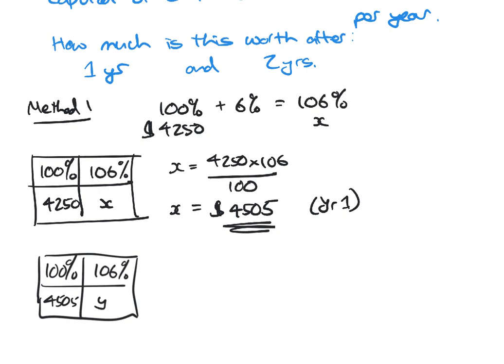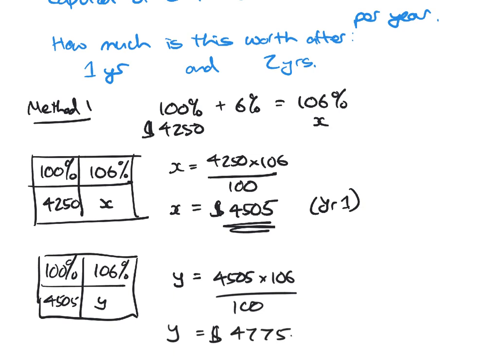I'll call this Y. So Y will be equal to, again, these two multiplied together, divided by this. So 4,505 multiplied by 106, divided by 100. Put that into a calculator, and Y will turn out to be, in terms of dollars, $4,775.30.